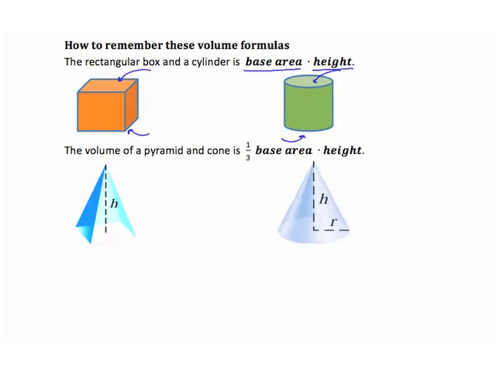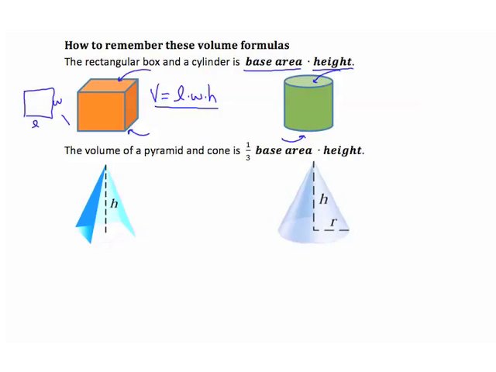So for the volume of the rectangular box, we're going to first look at the base area. Well, that base area is a rectangle. And when we're finding the area of a rectangle, we take length times width. And so the base area of this rectangular solid is length times width, and then we're just going to multiply that times the height. That's where we get our formula for that rectangular box.